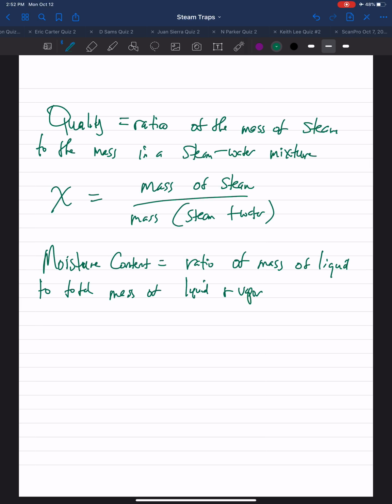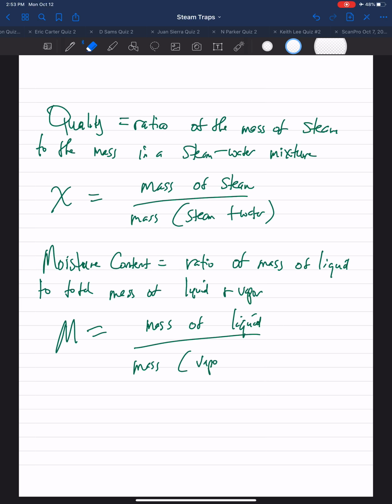So moisture content M is mass of liquid over mass of, say, vapor plus liquid.